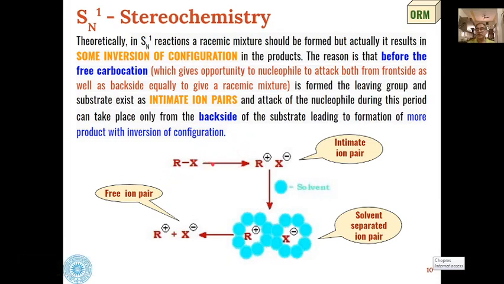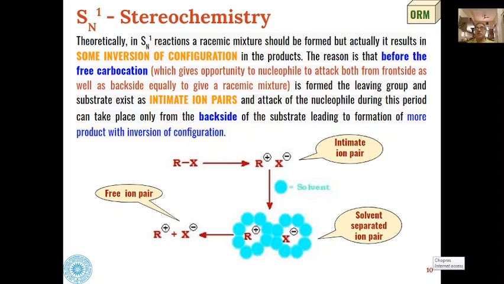So overall there will be more tendency for the back side attack. And when back side attack takes place, then inversion of configuration takes place. And if there is more possibility of formation of product from the back side, that means there will be more of the enantiomer formed with inversion of configuration.